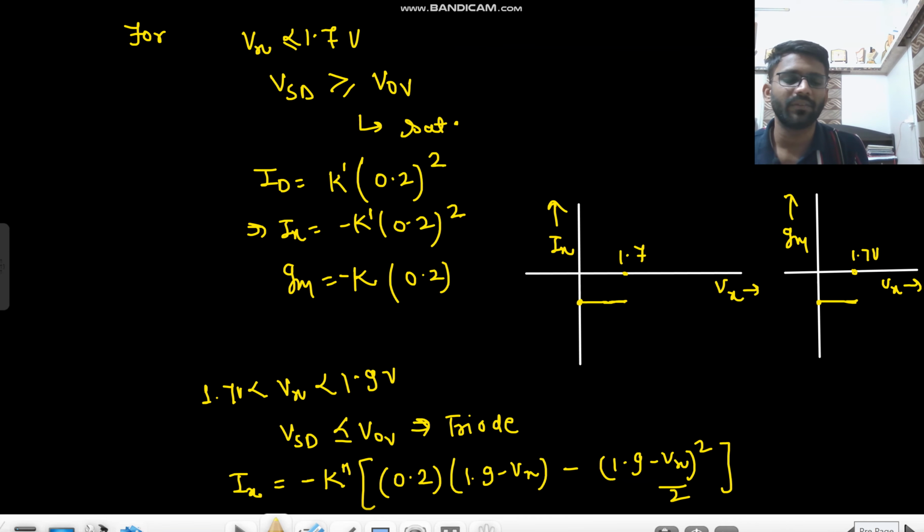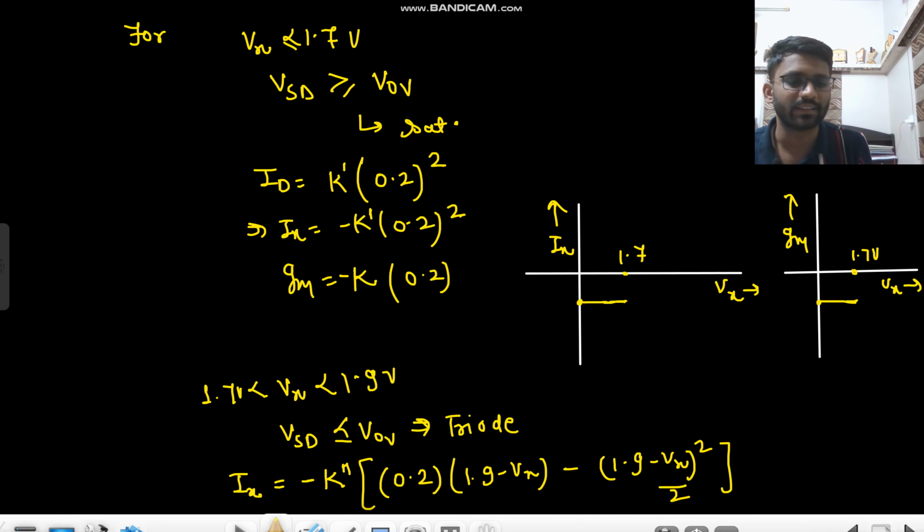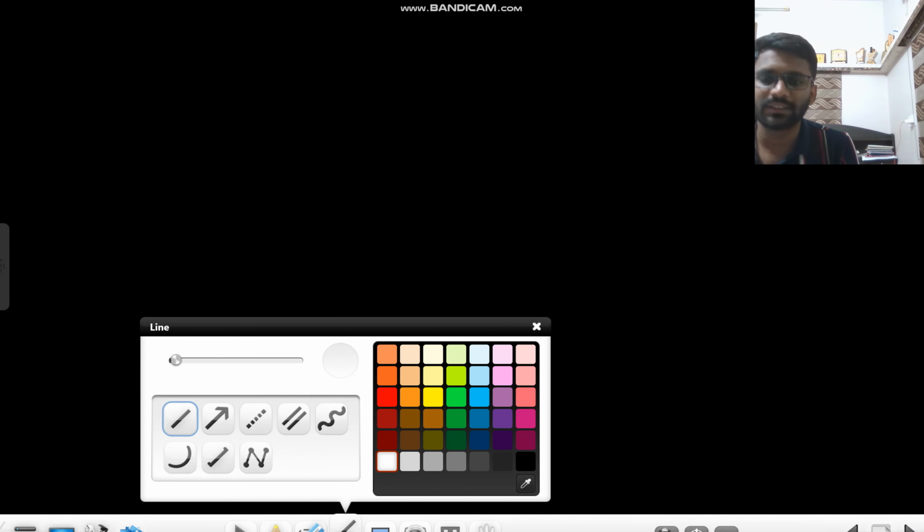So this is just the equation we wrote, but we just need to see that if Vx increases, the VSD value decreases. That means the current decreases. The magnitude of current decreases. So the plot will go something like this.